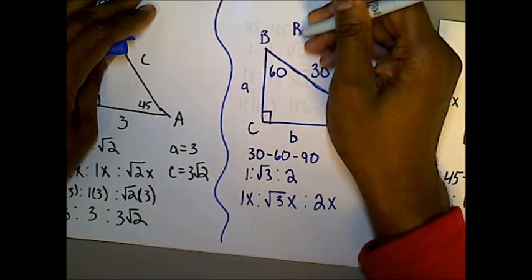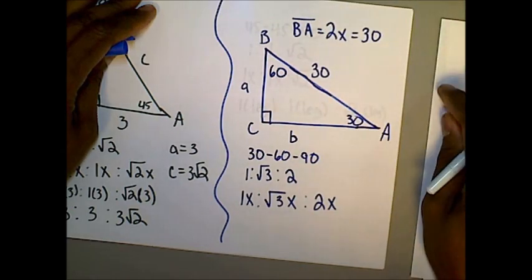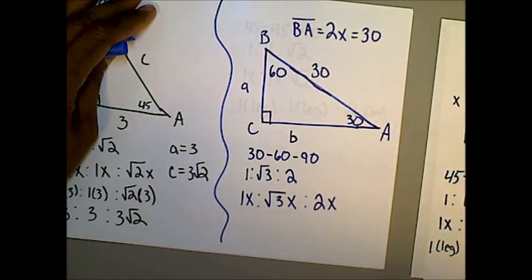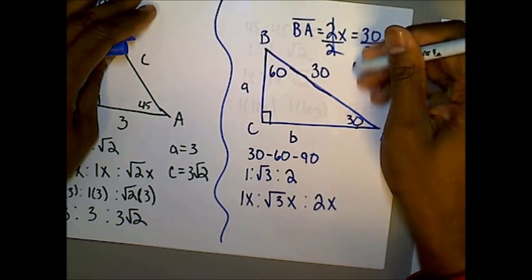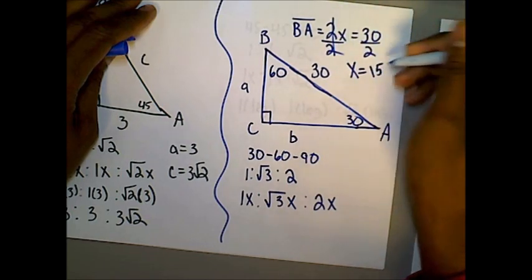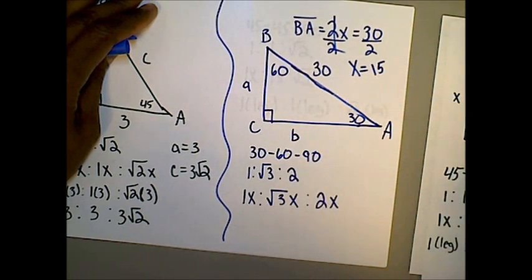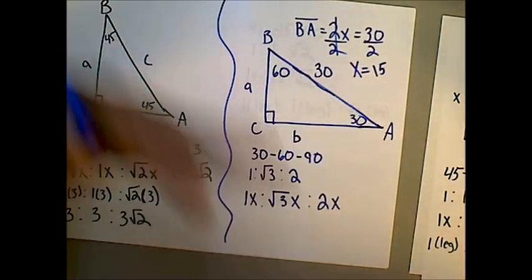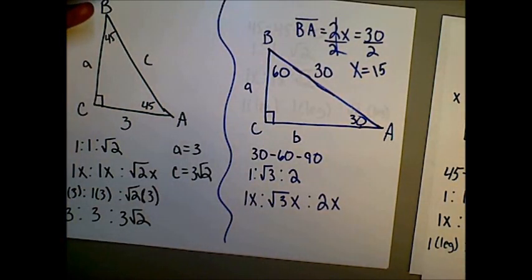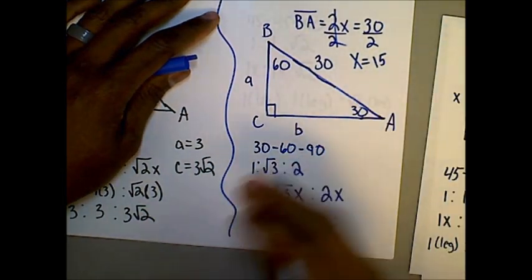Basic algebra says I divide both sides by 2 and get x equal to 15. So the x that goes down here, here, and here is actually equal to 15 and not 30, because 2 times x gives me the 30 of the hypotenuse.